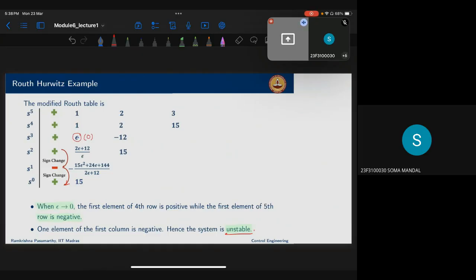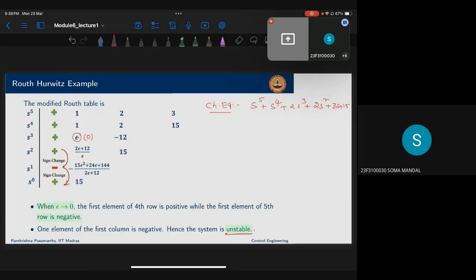For example, here, can you tell me what the characteristic equation is by observing this? S power 5 plus S power 4 plus 2S cube plus 2S square plus 3S plus 15. Am I correct?